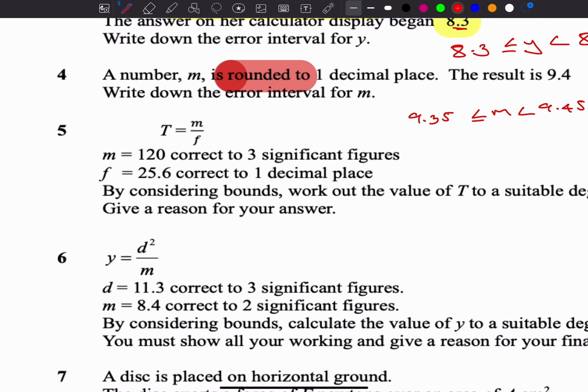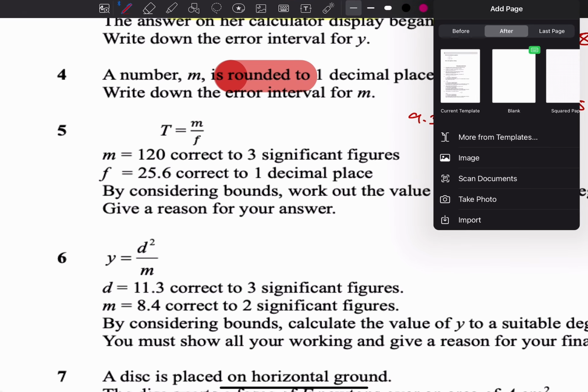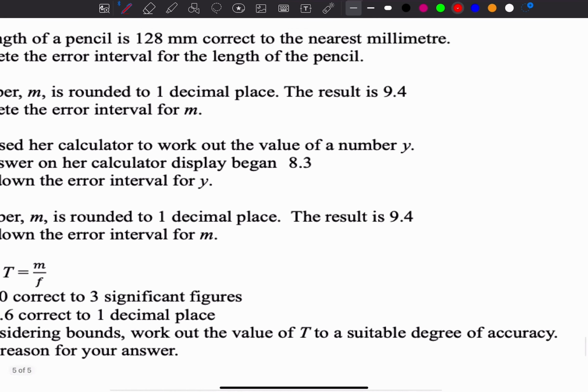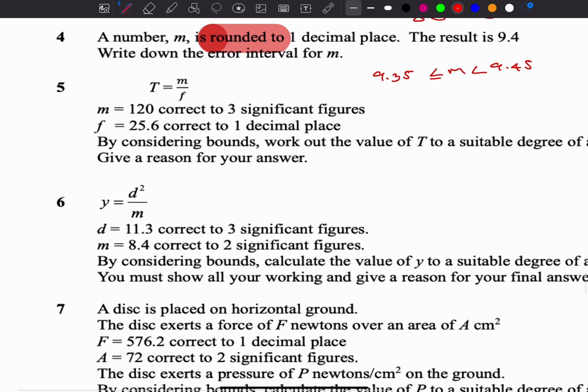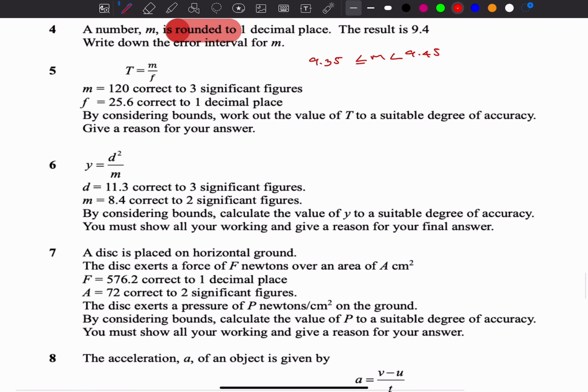Should have some page here, so could have done the working out. Not a problem. I think, am I going to open up any page on there? Let's see. Okay, let me just see if I can get rid of this part of the question.